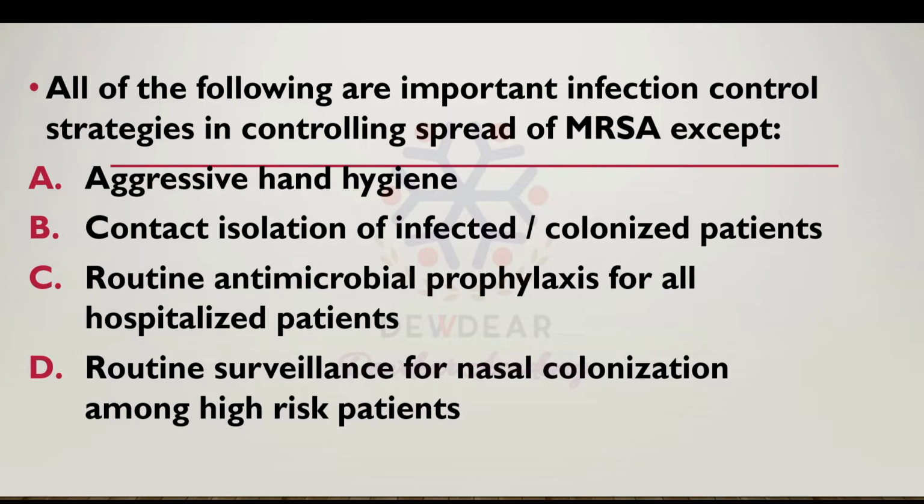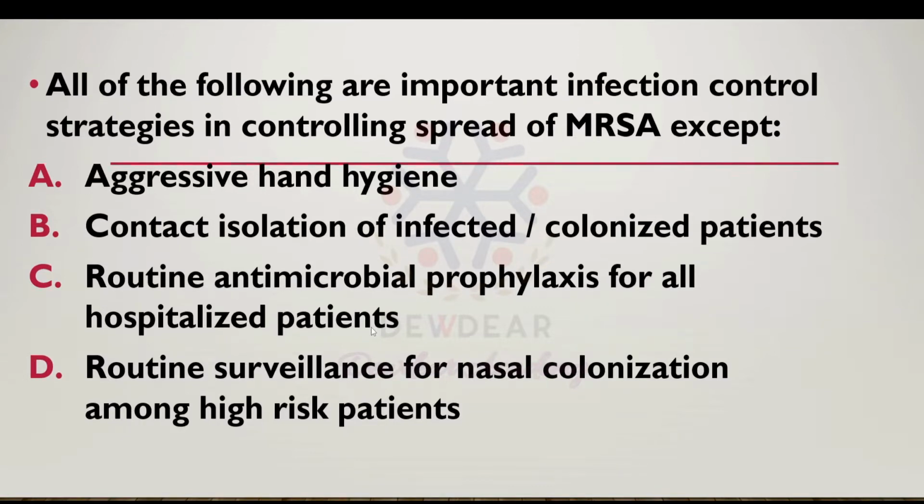Options are aggressive hand hygiene, contact isolation of infected or colonized patients, routine antimicrobial prophylaxis for all hospitalized patients, routine surveillance for nasal colonization among high-risk patients. So here the correct answer is routine antimicrobial prophylaxis for all hospitalized patients.